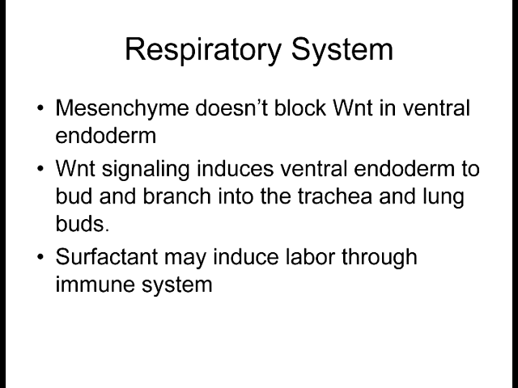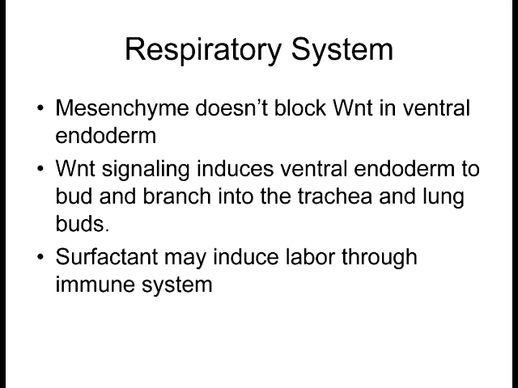But there are some mesenchyme cells in the ventral region of the developing tube. So if this is dorsal right here and this is ventral, there are some mesenchyme cells that do not block Wnt signaling. And as Wnt signaling is expressed in these cells, it causes the formation of a second tube. And this is the formation of your respiratory system.